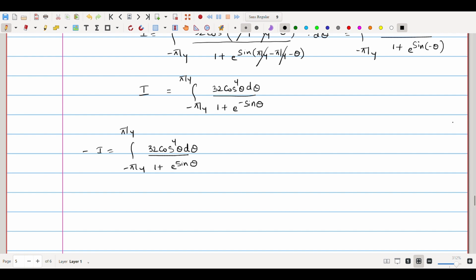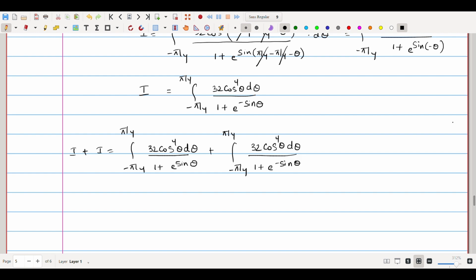Now we got this as I. So let's add both I's. Plus the integral from minus pi by 4 to pi by 4 of 32 cos^4 theta d theta by 1 plus e^minus sin theta.